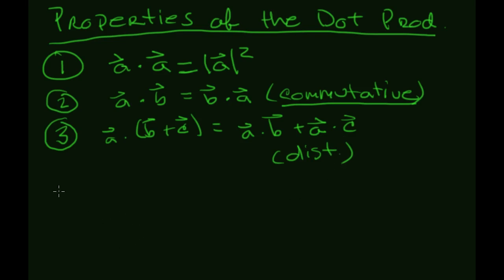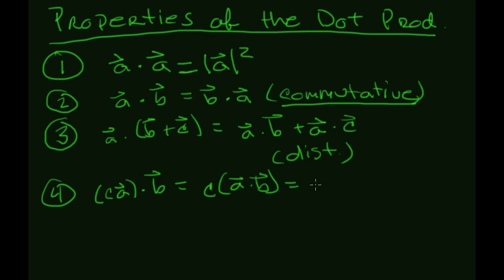All right. Number 4, we're going to say if I take C times A, then dot that with B, and then I'm going to look at C times (A dot B), and I'm going to take that as A dot (CB). Okay, so this is an associative property.